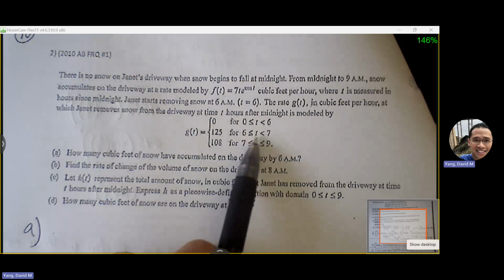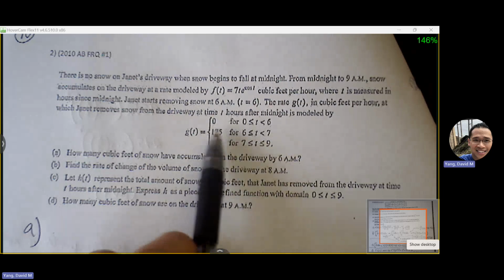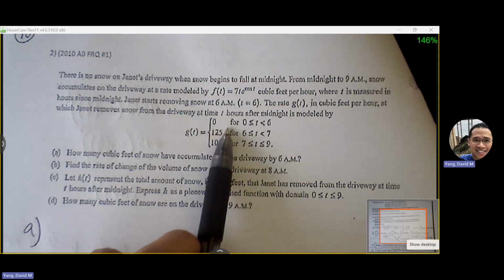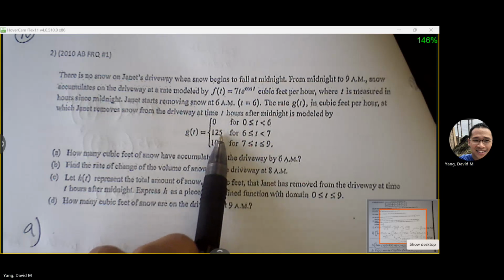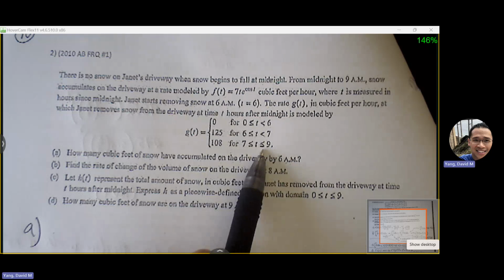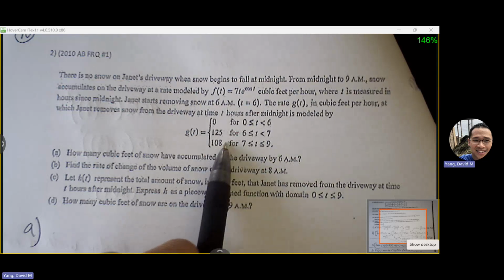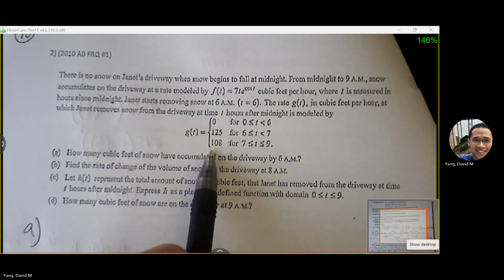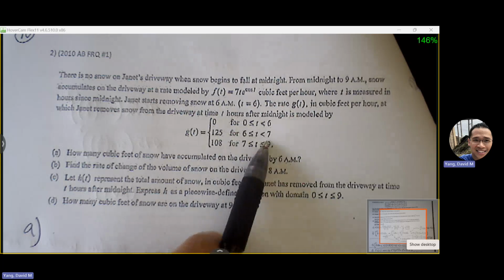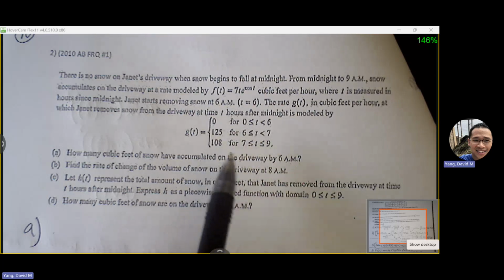But between 6 and 7 a.m., she's working at a rate of 125 cubic feet per hour, a pretty good clip. Then between 7 and 9, she's working at a slower rate of 108 cubic feet per hour. Still making progress, but not as fast as she was for the first hour.